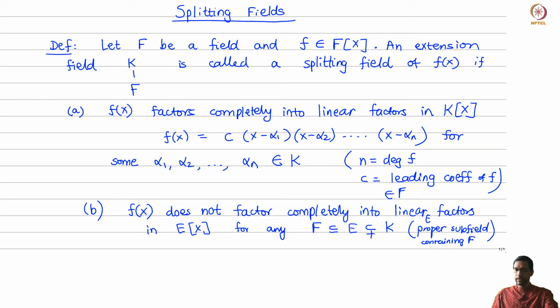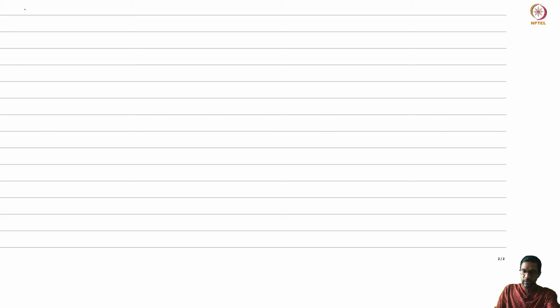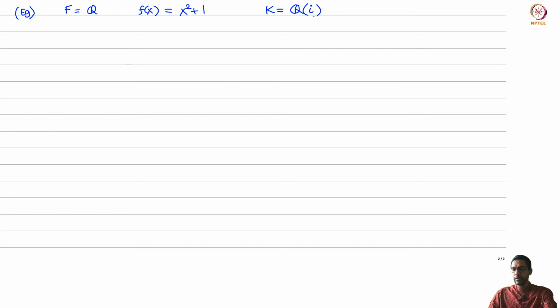Okay, so these are the two properties that you need for an extension K to be called a splitting field. Now let's give some examples. Here are some easy examples of splitting fields of polynomials. If I take my field to be the rational numbers and my polynomial to be x squared plus 1, then the splitting field turns out to be something that we've seen before in the earlier lectures.